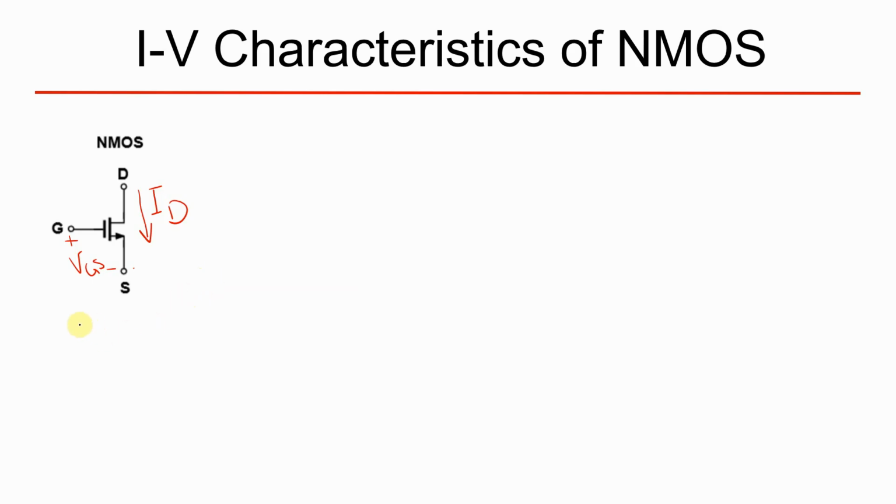If the gate source voltage of this transistor is less than threshold voltage of this device, then NMOS is off.